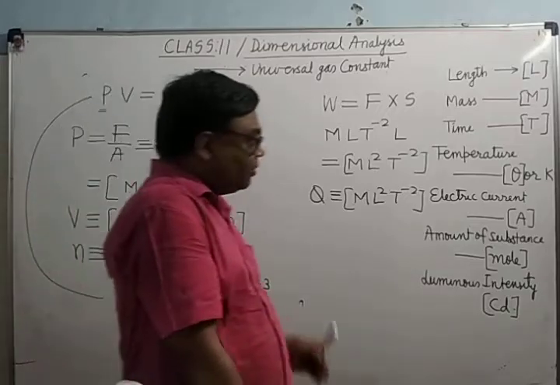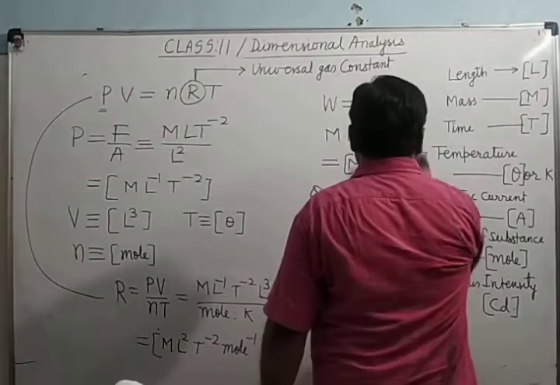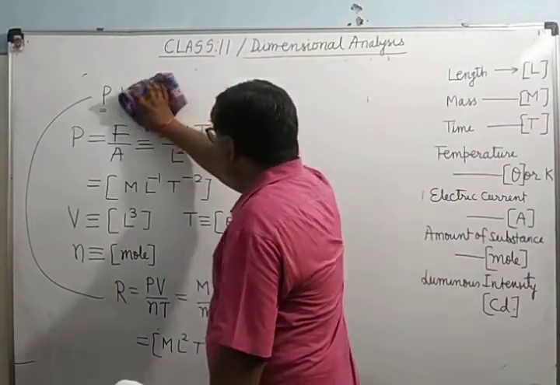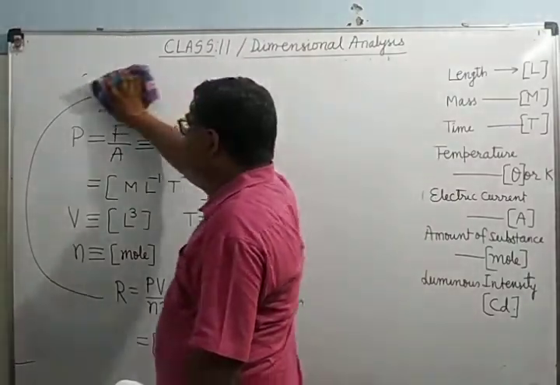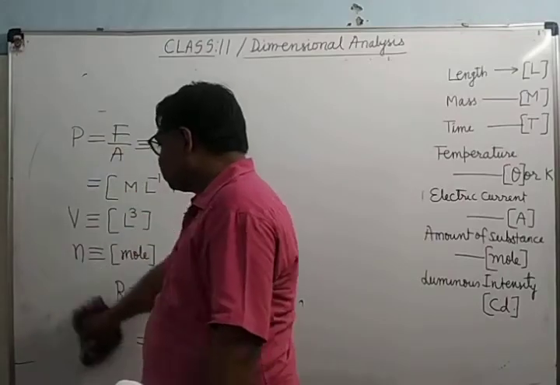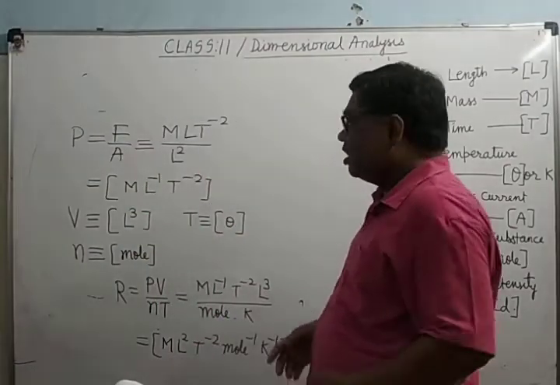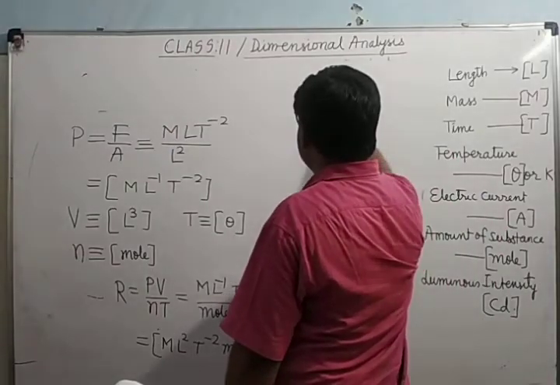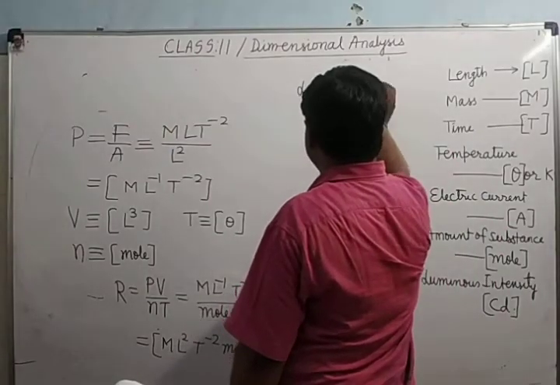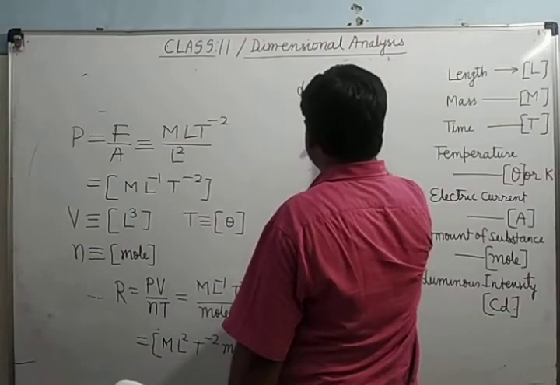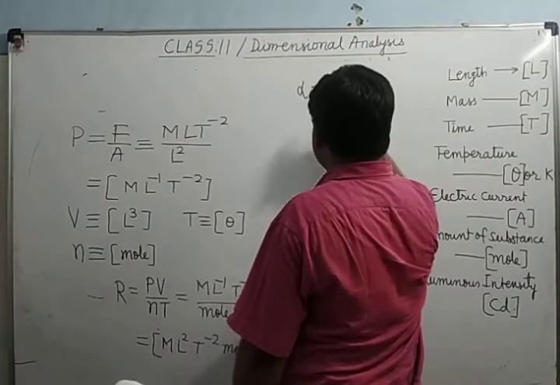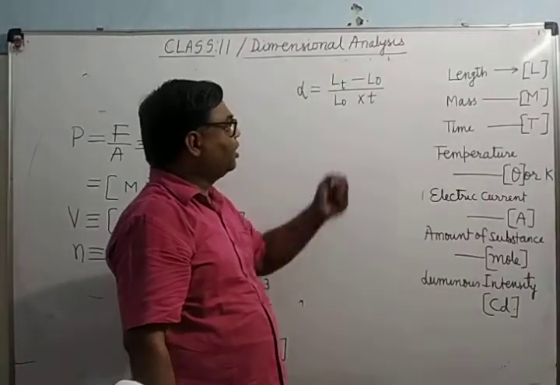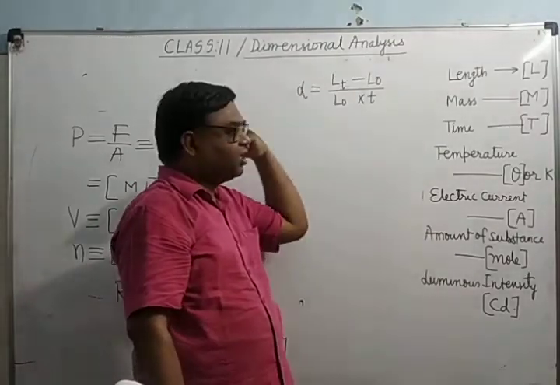Then we can see some more. For example, the coefficient of linear expansion, alpha, equals (Lt minus L0) upon L0 into T. As we know, its unit: Lt minus L0 is in meter, L0 is also in meter, so meter and meter cancel.